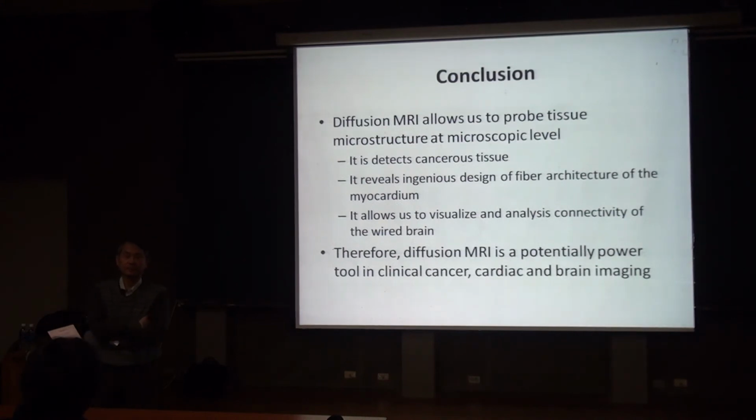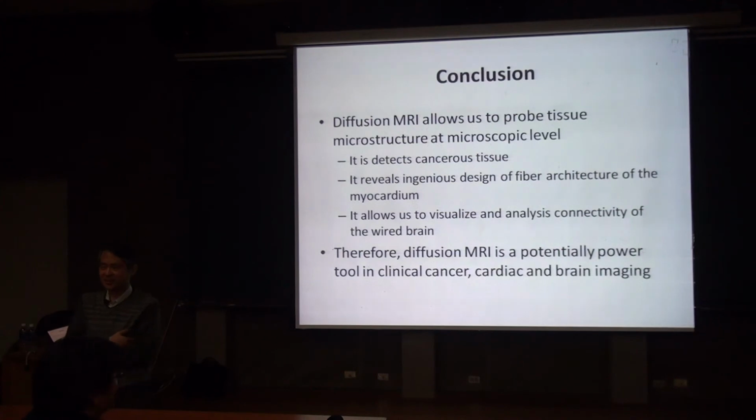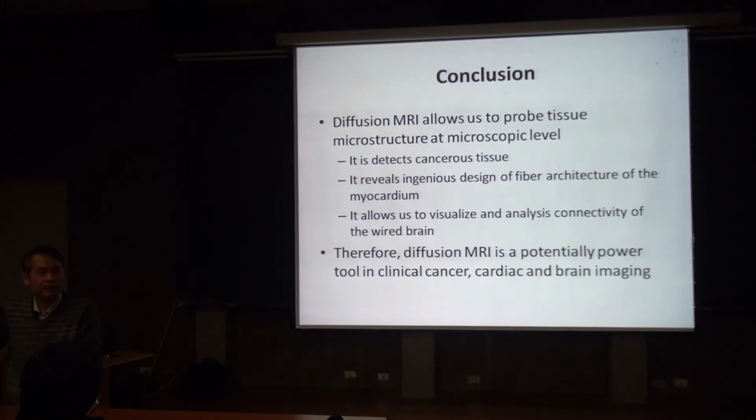Any more questions? Yes? Okay. Is it possible to do a whole body diffusion MRI if given long enough time? Yes, this is a very interesting question. Actually, it is feasible. It is possible. For instance, there is already a technique called whole body diffusion weighted imaging.